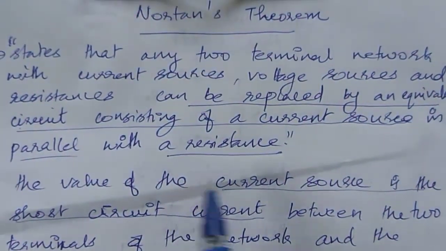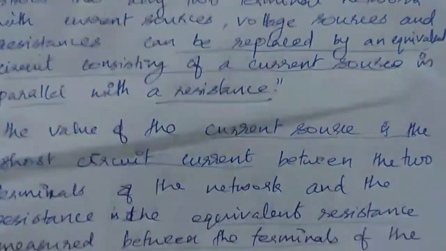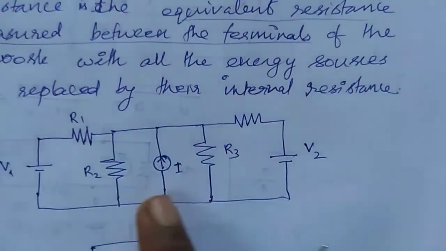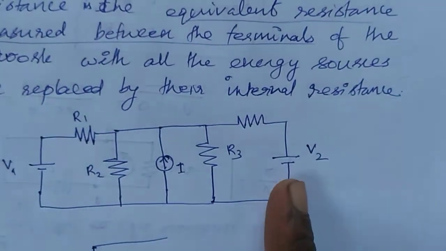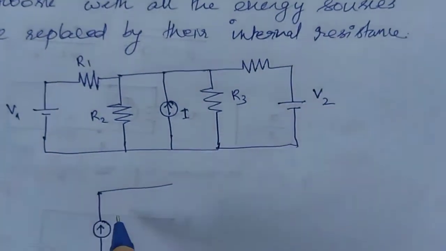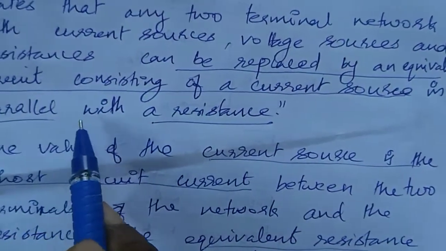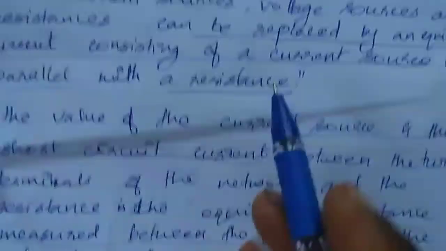That is Norton's theorem's statement. So we can represent this entire circuit using a current source and a parallel resistance.